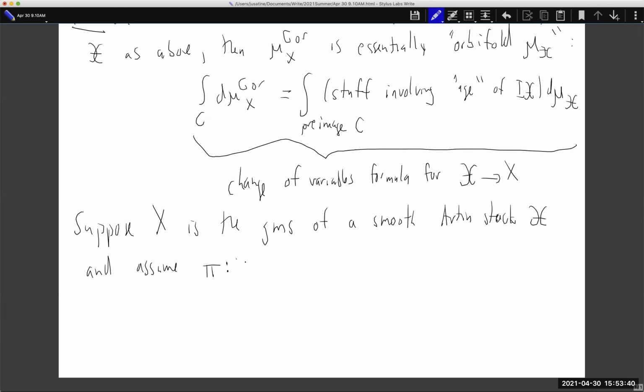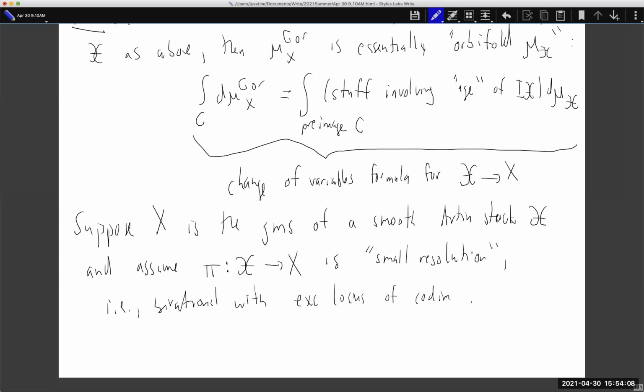So I want the good moduli space map that goes from curly X to X to be a small resolution. Let me say what I mean by that: it should be a birational map, and the exceptional locus should have codimension at least 2.